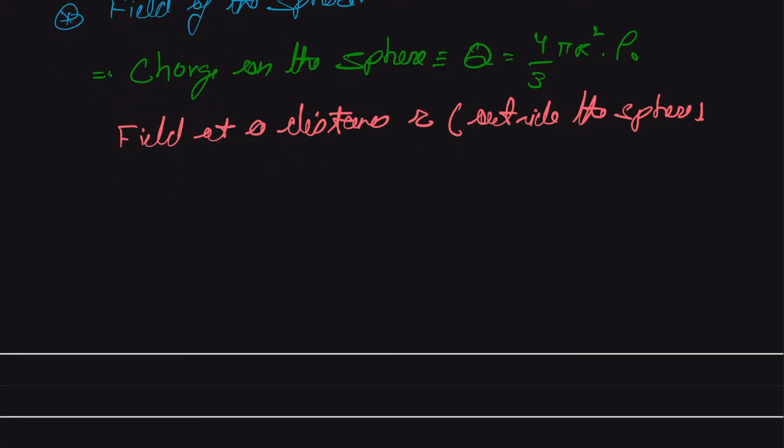And for that, we can write the electric field of our sphere at the distance r will be equal to 1 upon 4 pi epsilon naught, charge on the sphere, and the square of the distance.